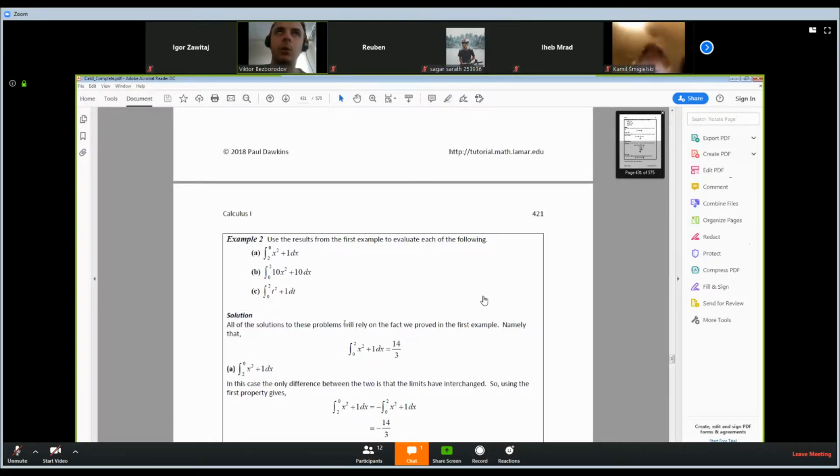We have this equality, and we're asked to find these integrals, given that you know this. Basically, you don't know yet how to compute the integrals, and we will talk about this in a moment. But you can reduce that integral to this integral.